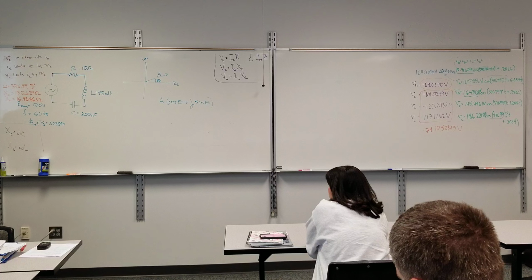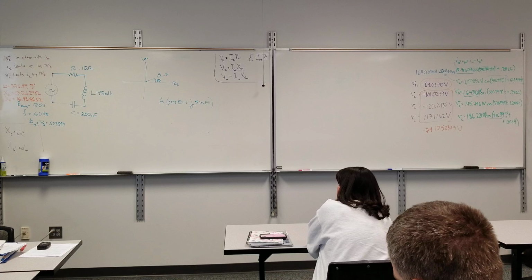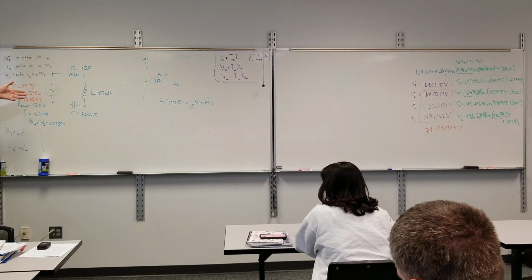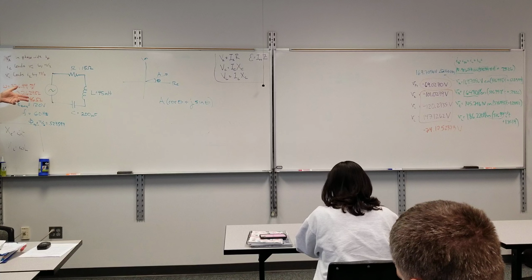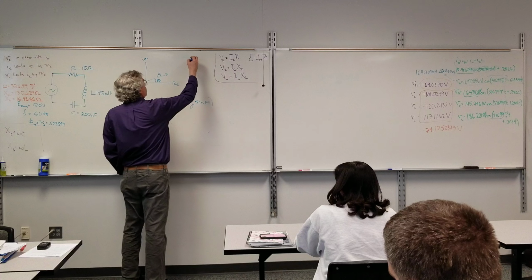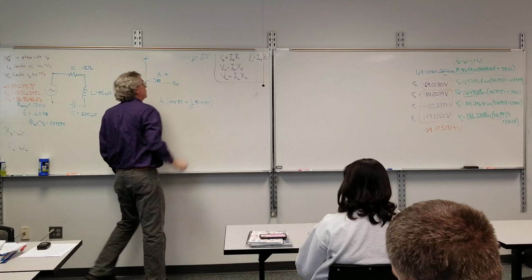Now, you may be used to using i for the imaginary number, the square root of -1. We use j, because we're using lowercase i to represent current, and we're not using lowercase j for anything else. I've seen this enough that we're just letting j equal the square root of -1.